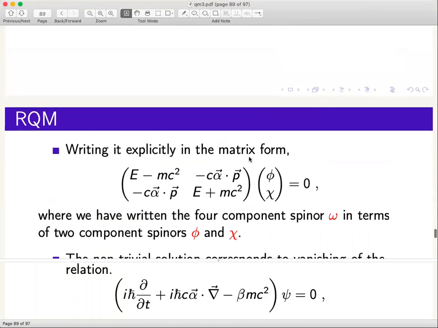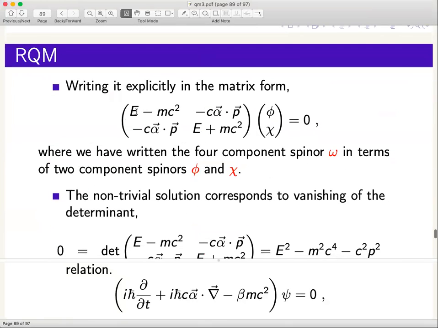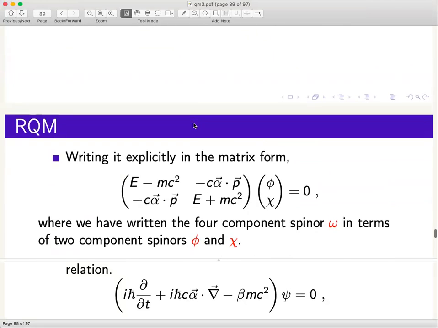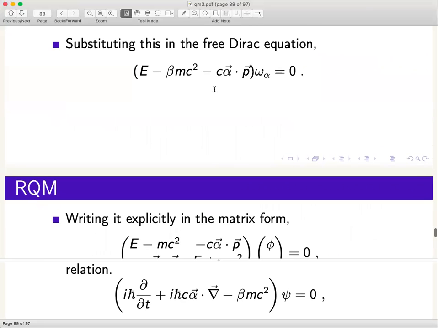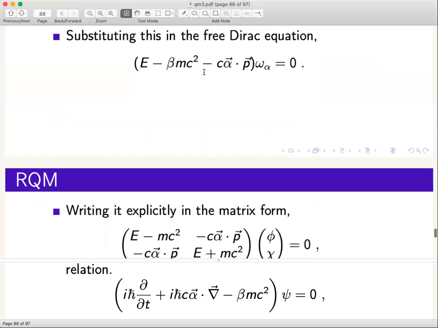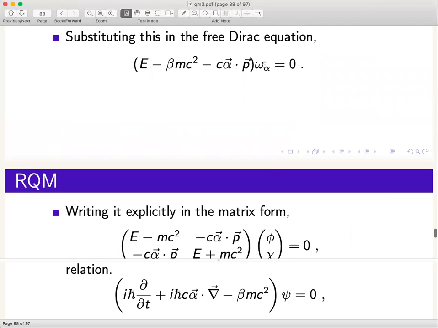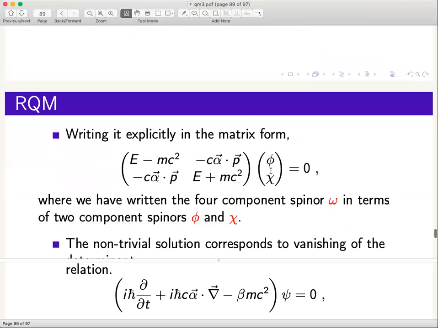Fine. So when you write this in an explicit matrix form, then it would appear to be E minus MC squared, because remember beta was diagonally 1, minus 1. So that's why minus MC squared and plus MC squared diagonally. Off diagonally, this should be sigma dot p. So you have minus C times sigma dot P, and a minus C sigma dot P. And omega, which is a 4-component spinor, I write in terms of two-component spinors.